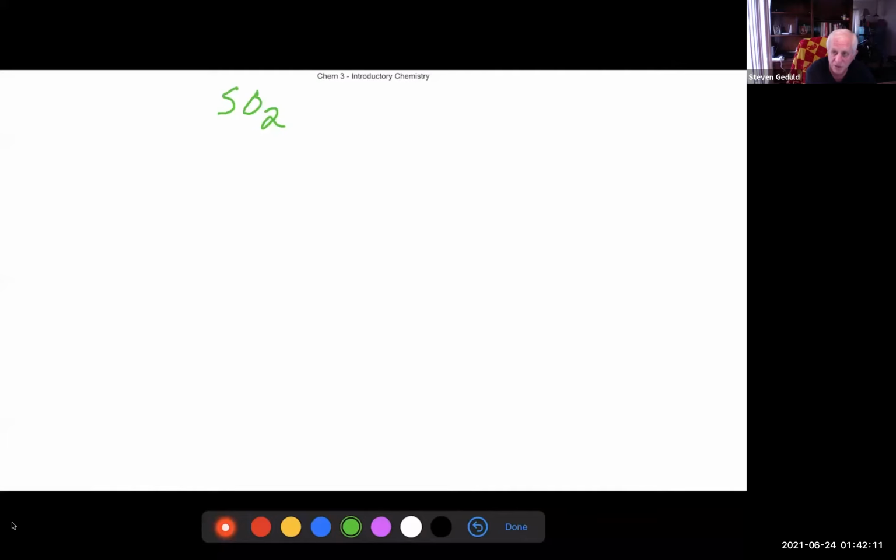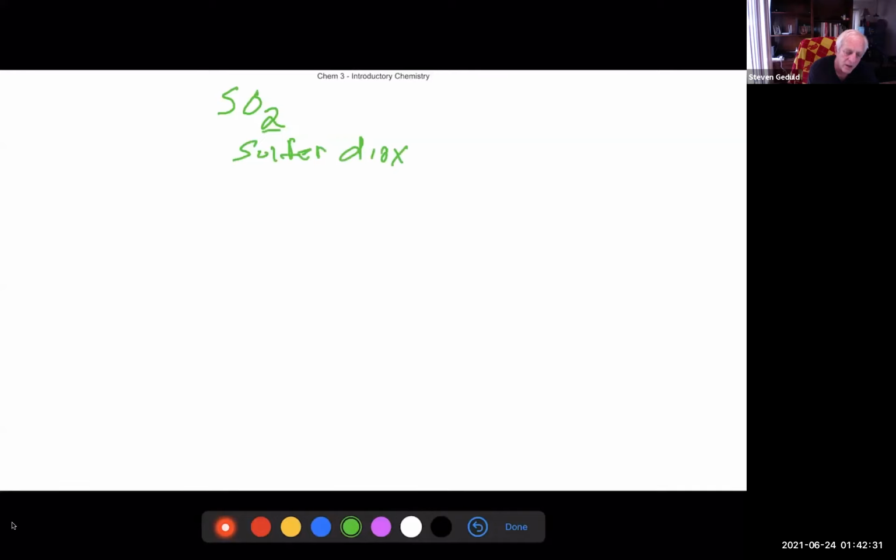Now it's different rules. These are covalent compounds because they're 2 nonmetals. Again, you name the first one just like it is in the periodic table, so this is sulfur. Now the second one is oxide. There's 2 of them, so it becomes dioxide. So sulfur dioxide.